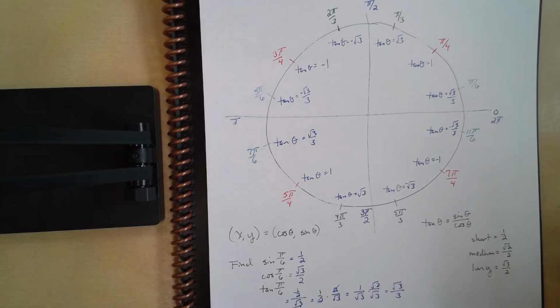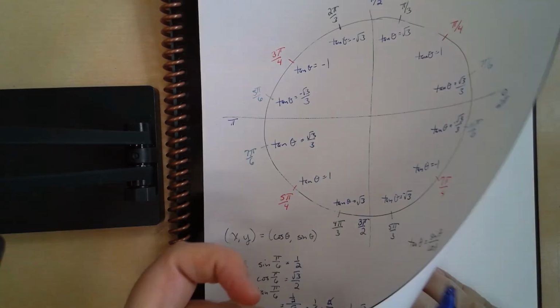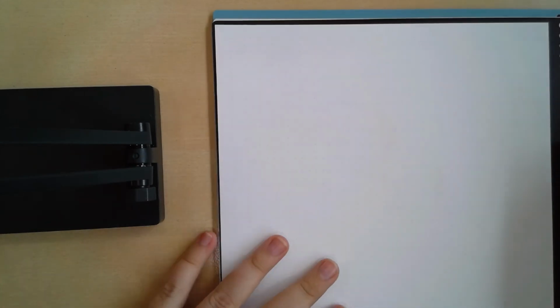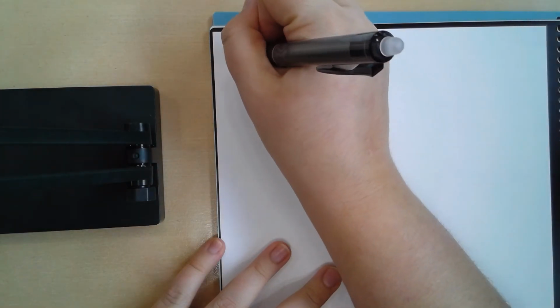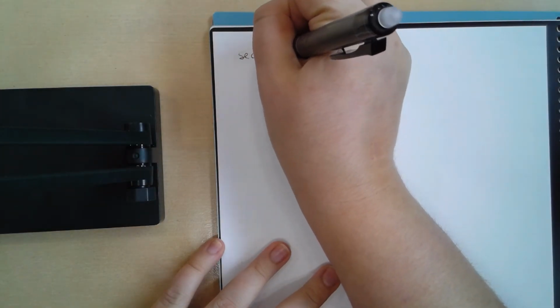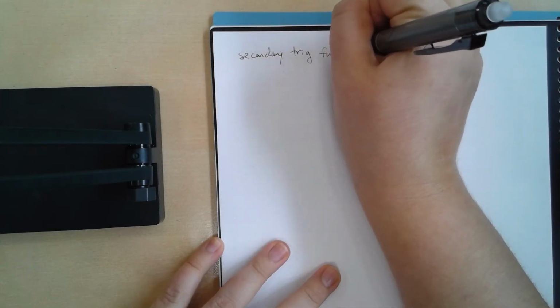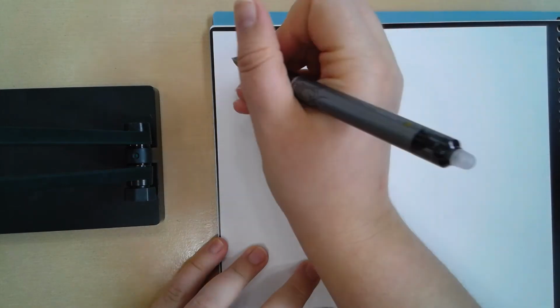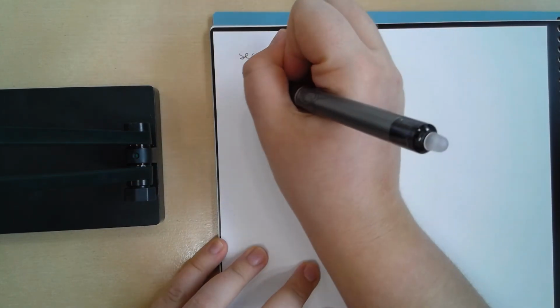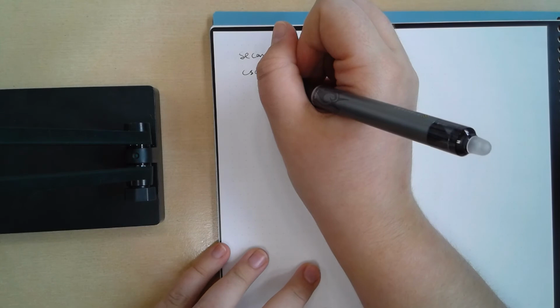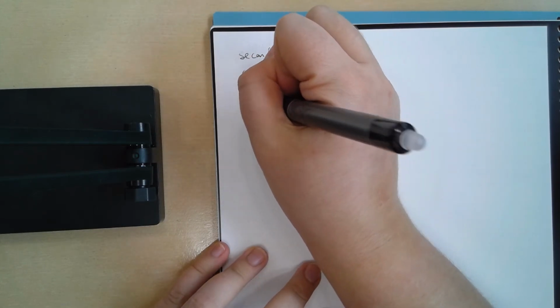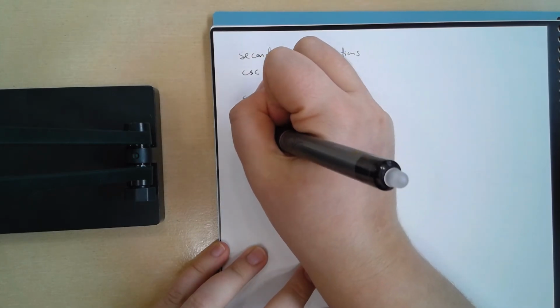So let's move on and talk about our inverse trig functions, or not rather our inverse, but our secondary trig functions, excuse me. So our secondary trig functions are, of course, cosecant, secant, and cotangent.